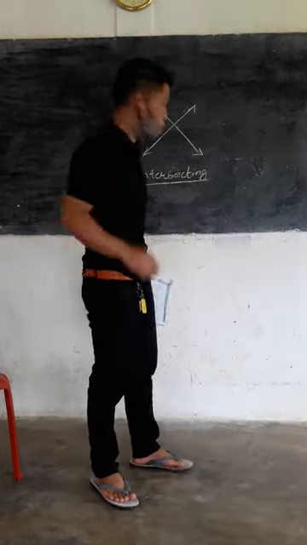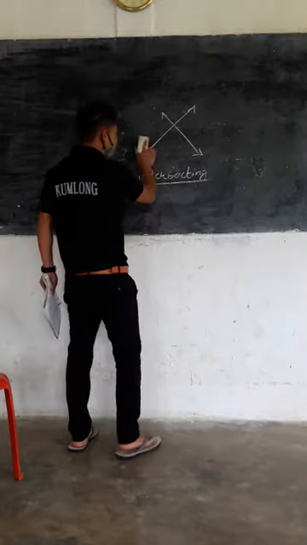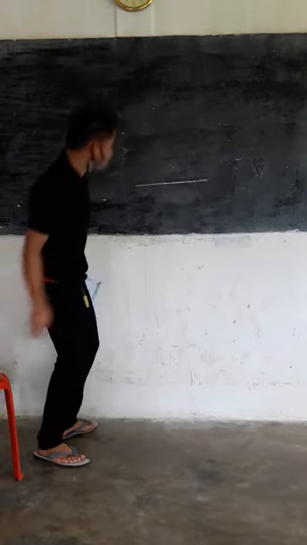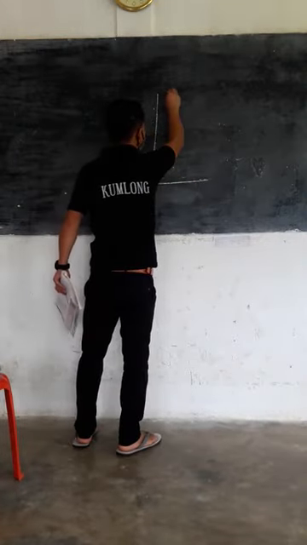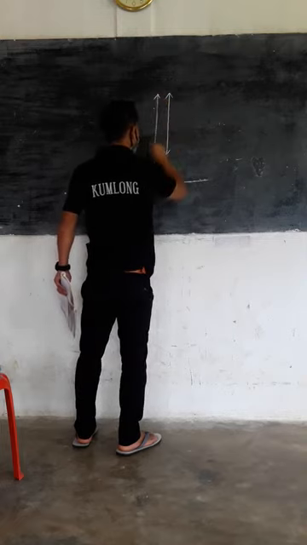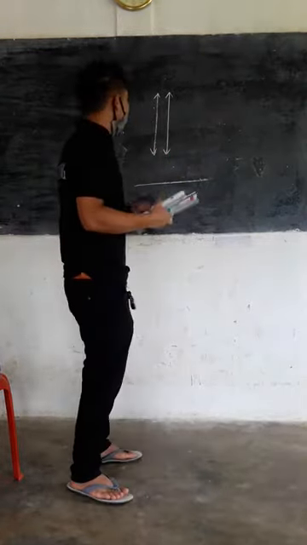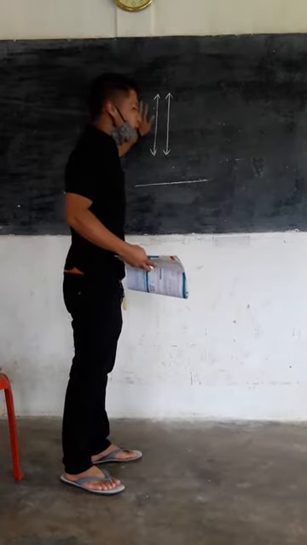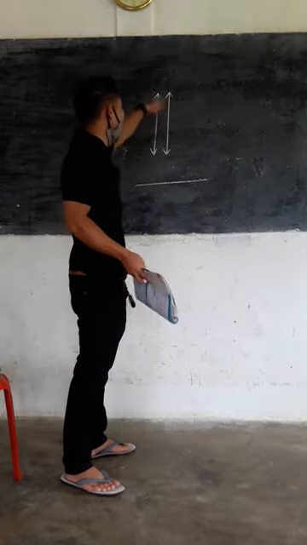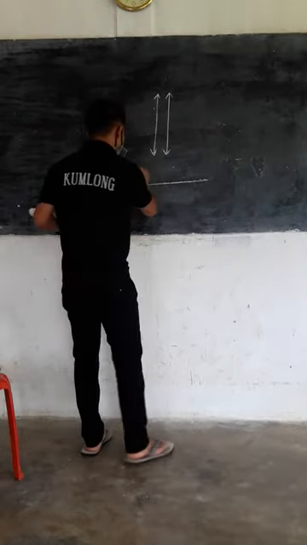Question number 2 is given like this. Two lines. This type of lines are known as parallel lines. Equal length. Parallel.